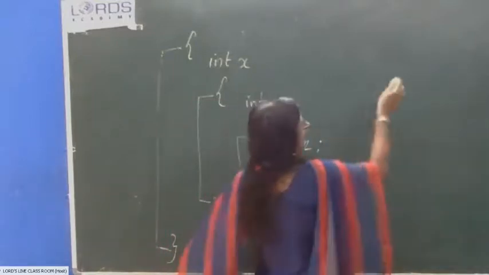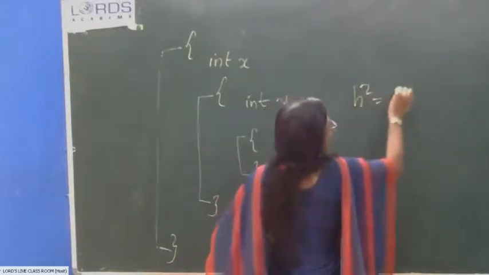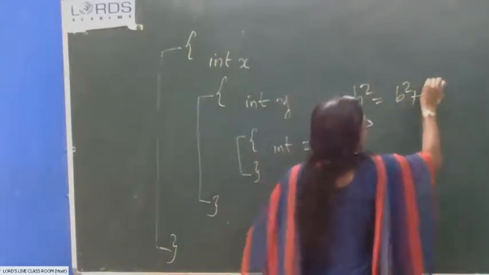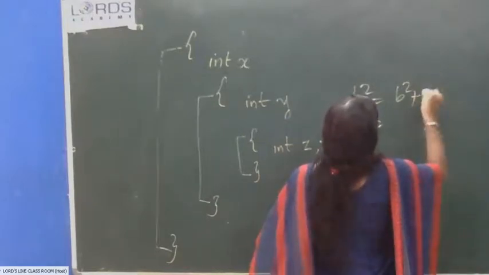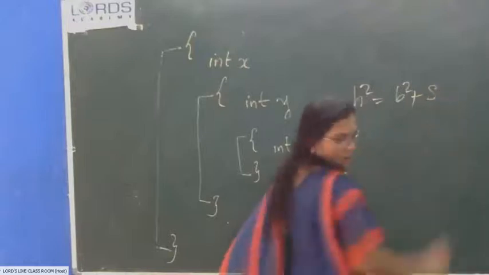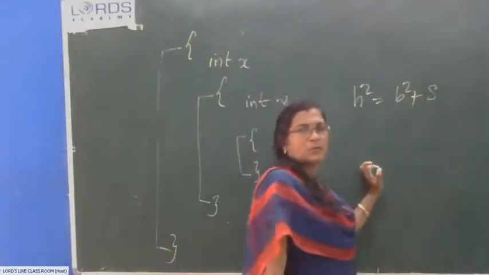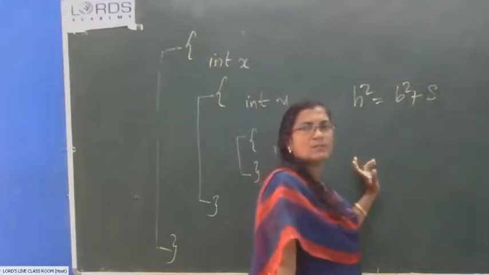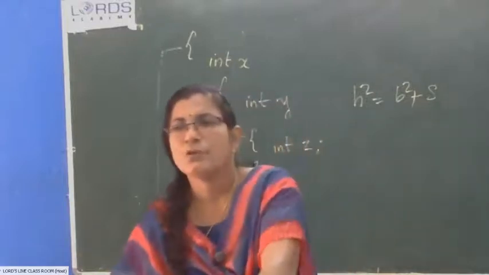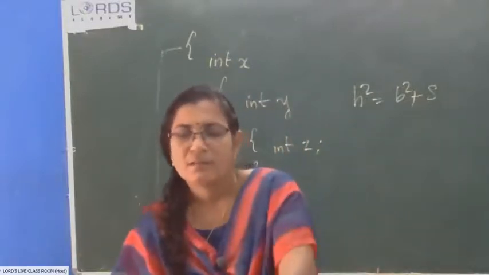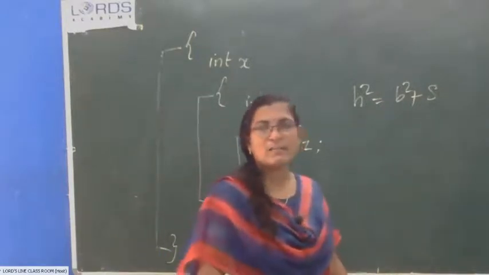You might have studied this. What is the formula that you have studied in maths? Hypotenuse square equals... Amlin, tell me, how do you check whether a given triangle is a right-angled triangle or not? What is the formula that you have studied?